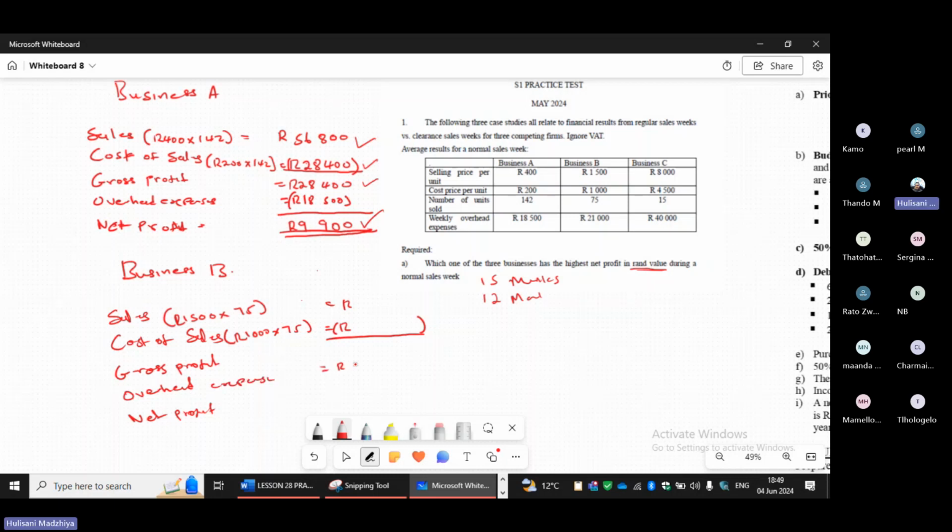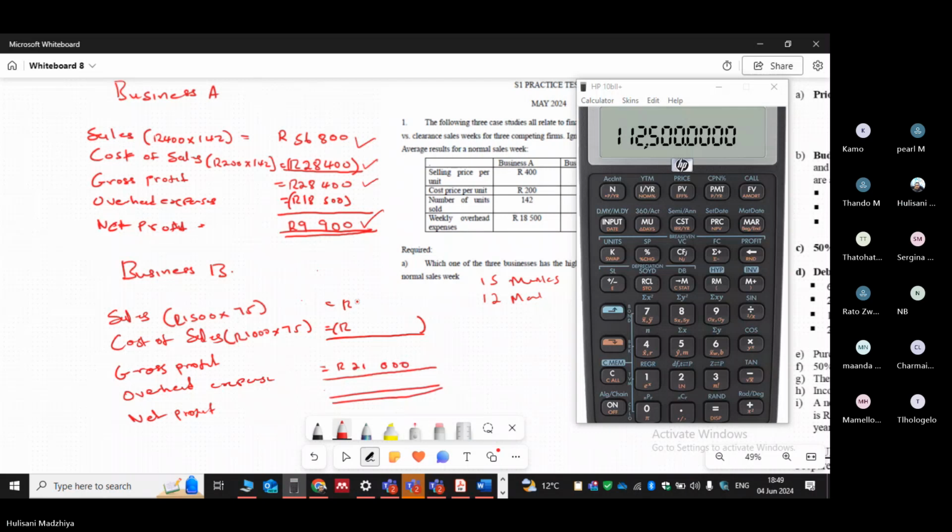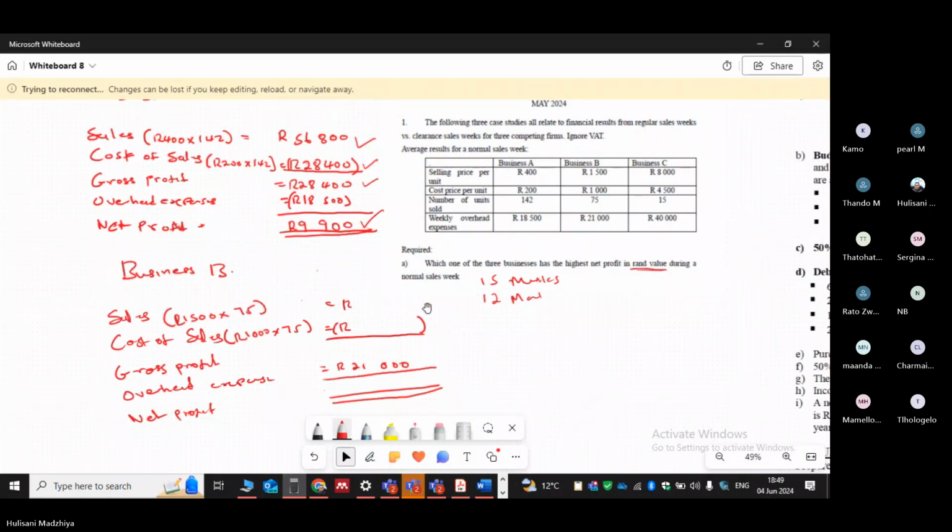It's 21,000. So this gives us 11,500. Sorry about the movement.